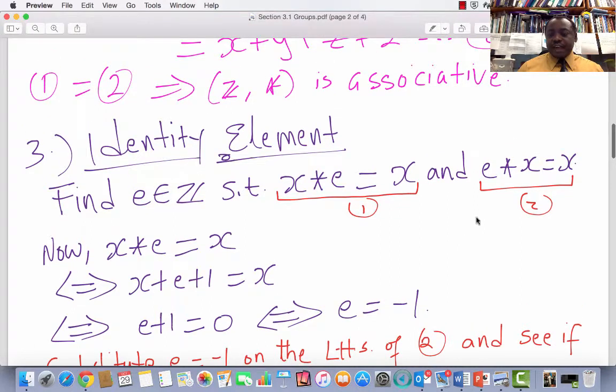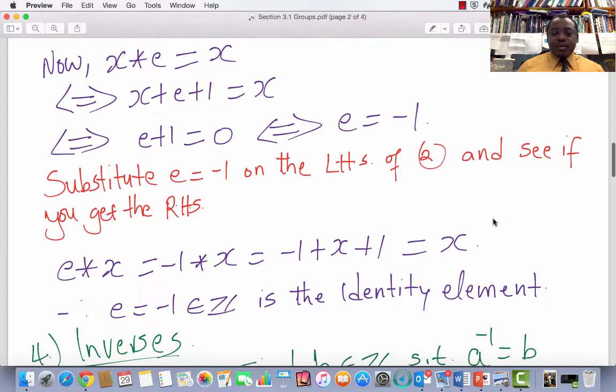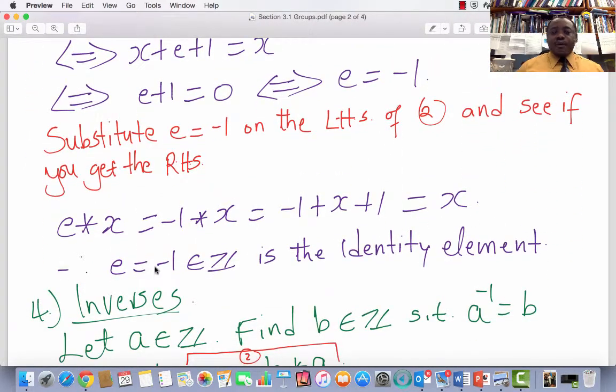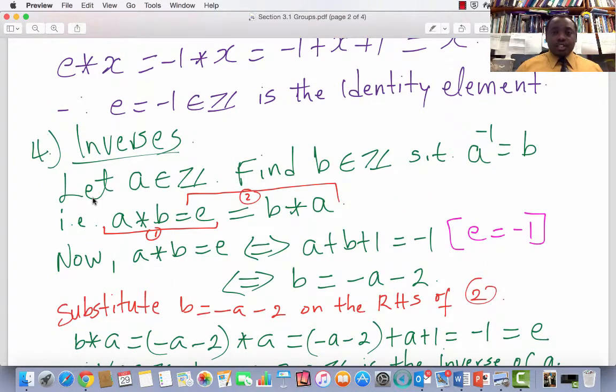Yes, we just verified that indeed negative 1 star x equals x. So we can conclude that E equals negative 1, which of course is an integer, is actually our identity element. 3 conditions down, 1 to go. Condition 4, inverses. Let a be an integer.